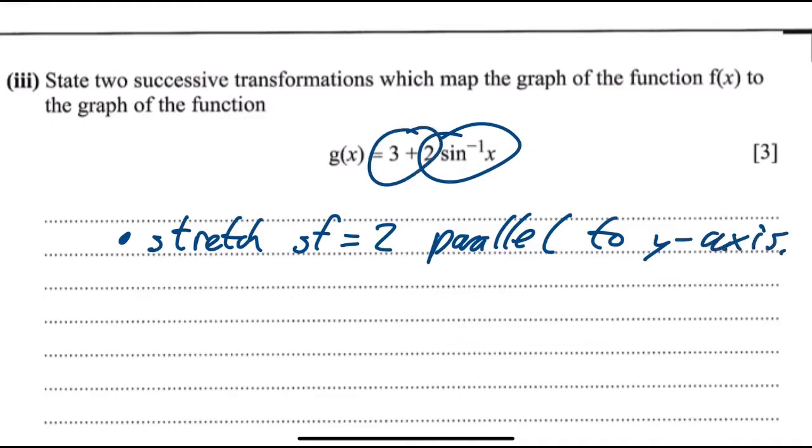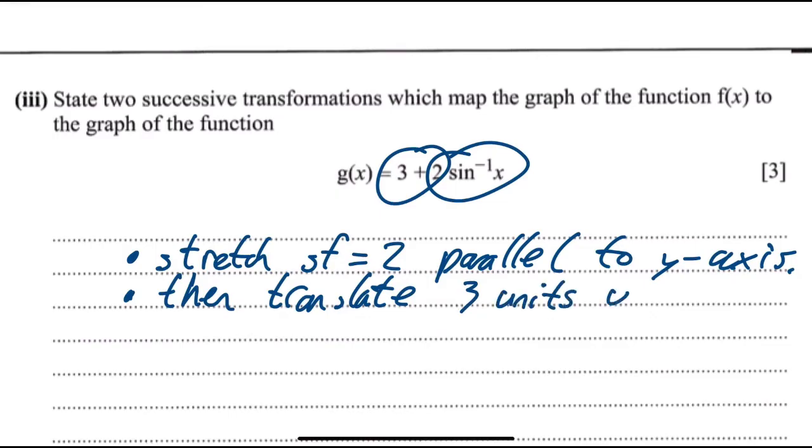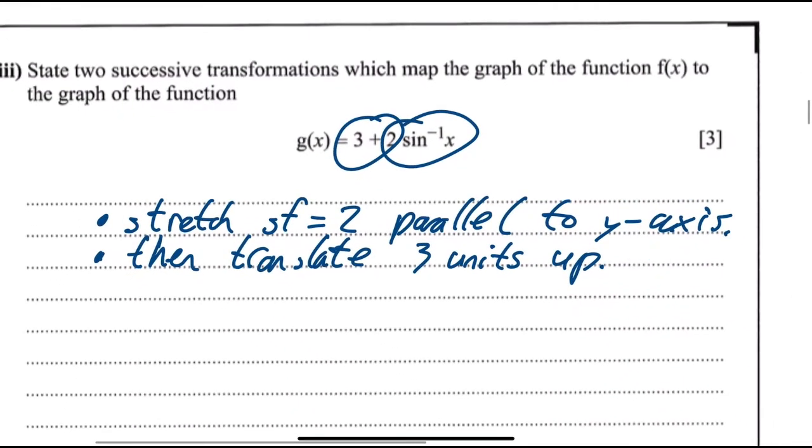And then you're adding 3, so then translate it 3 units up. Okay, so you've got to, in some way, say that you're doing that one first, and then you're doing the other one. Order matters.